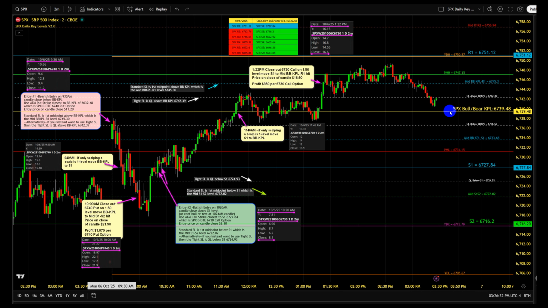So in this case, since that level happens to be the BBKPL, we simply look to the first midpoint above, and that is our standard stop loss on this bearish play. If instead this was a candle in reverse and closed above, and we were looking at a call option and a bullish play, then it would be the first midpoint below the level it's derived from.